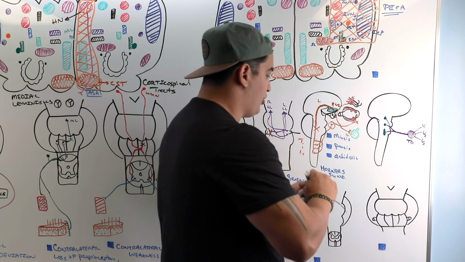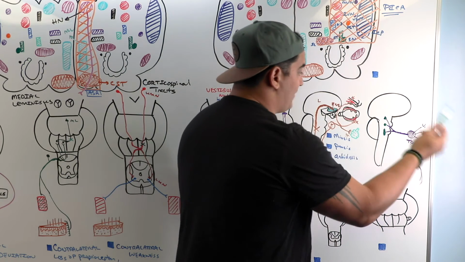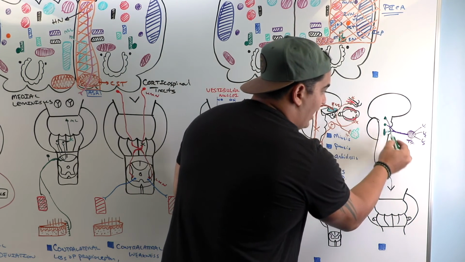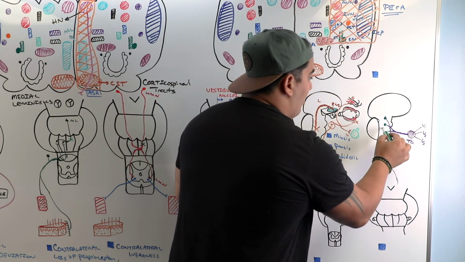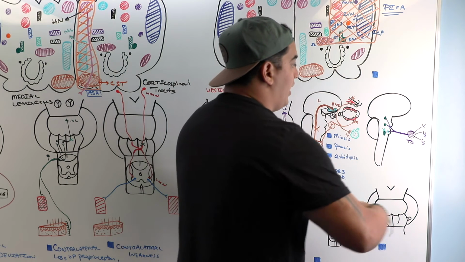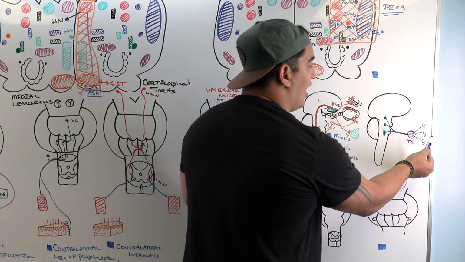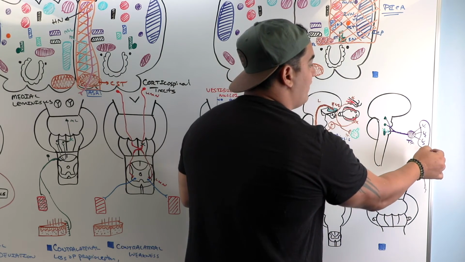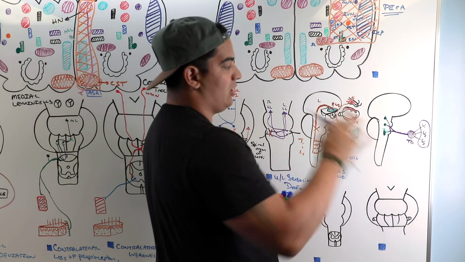Well, what did we damage? The lesion is on the left side, so we're damaging the spinal tract, right? We're damaging the left spinal tract and the left spinal nucleus. That means that all the pain, temperature, touch, pressure, and vibration sensations carried from these divisions on the left side of the face are lost.